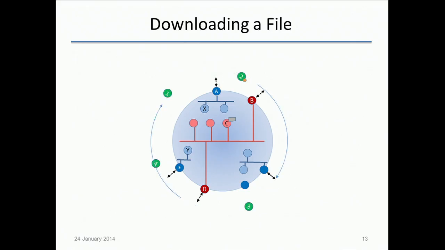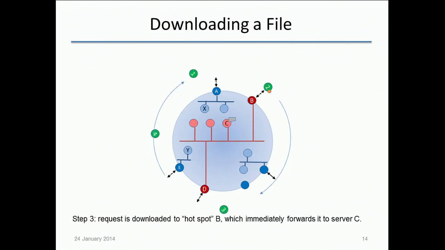For a while, it can't talk to anything at all, and now it reaches hotspot B. Because it's reached a hotspot, it can exchange data with a node that's connected to the internet. And that means that the request for the file can go to the hotspot and then immediately to node C, which owns the file, traveling over the internet.